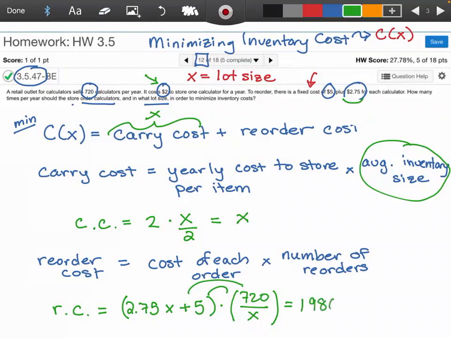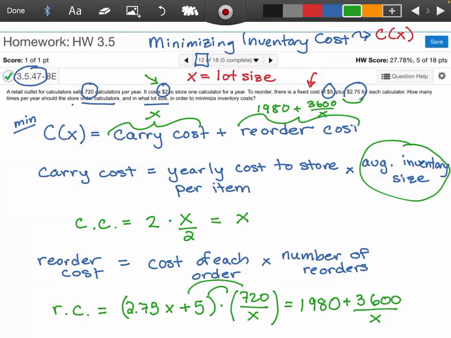And then 5 times 720 is 3,600. And we still need to divide that by X. In the first term, the X is canceled. So the reorder cost we figured out was 1980 plus 3,600 over X.